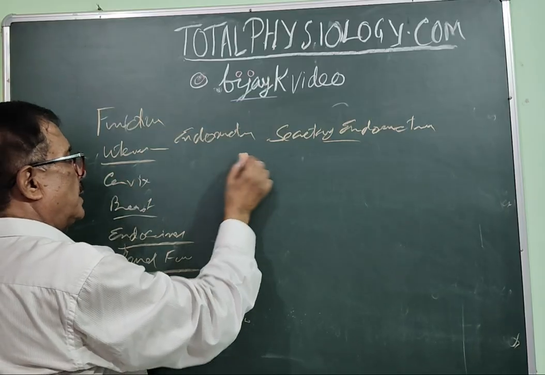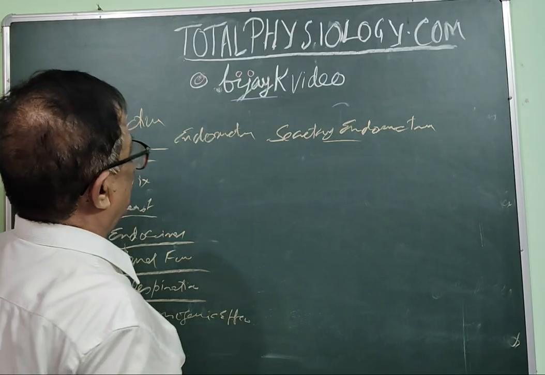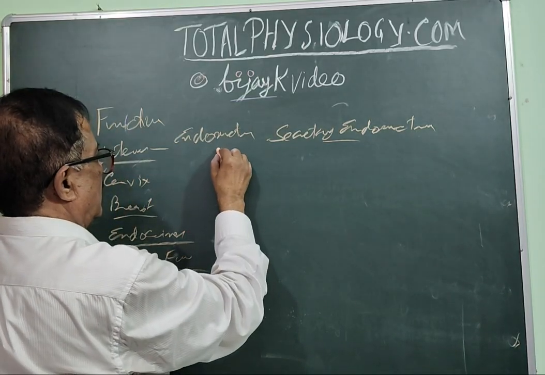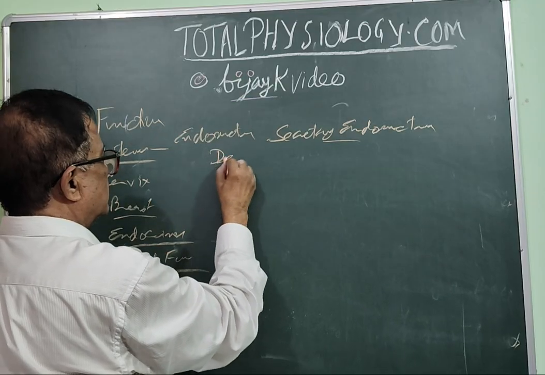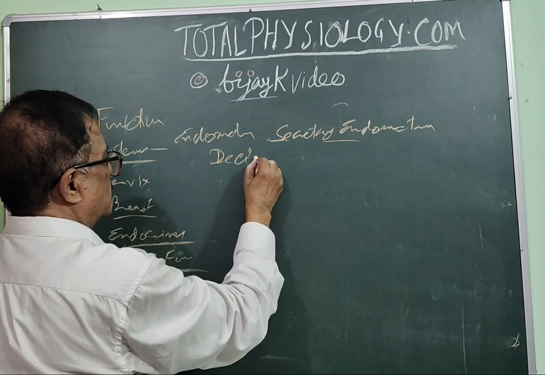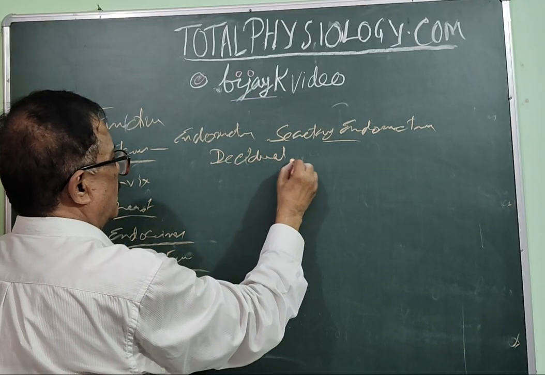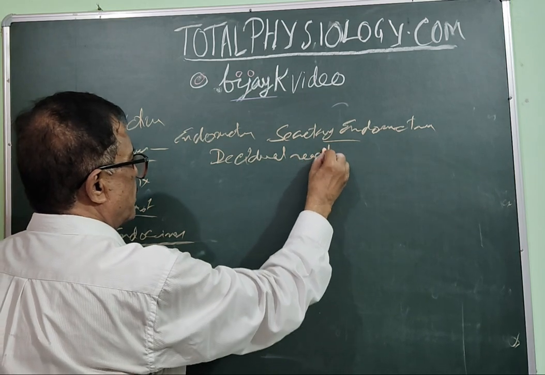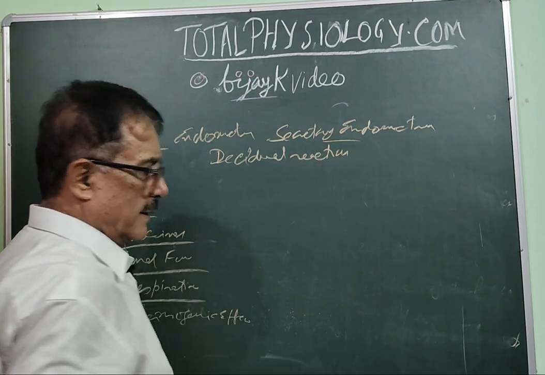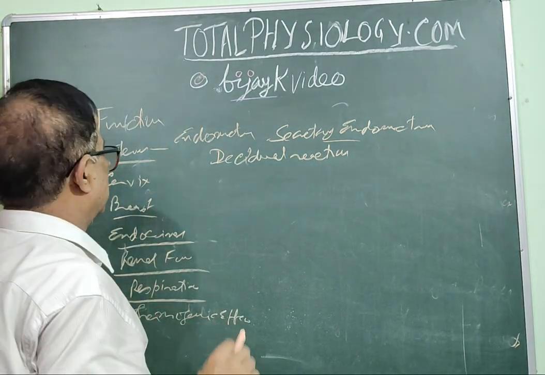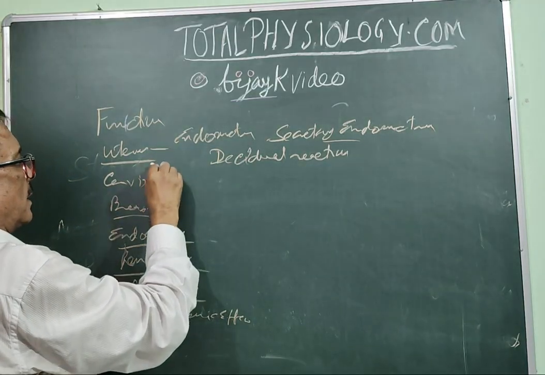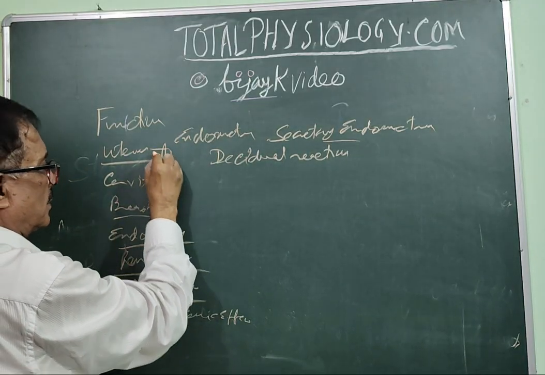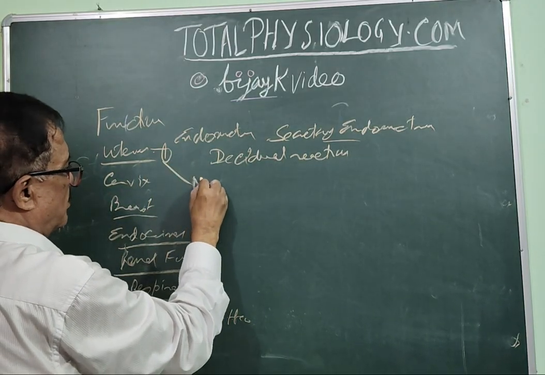Number two, it initiates the decidual reaction, so that the blastocyst may be implanted. This is on the endometrium.